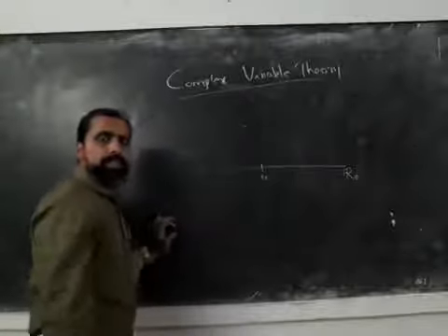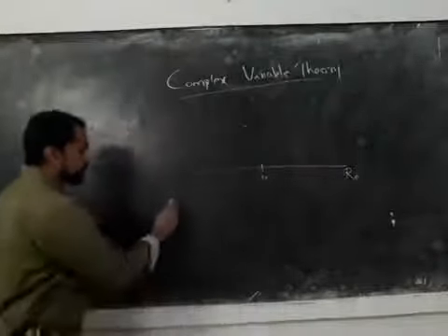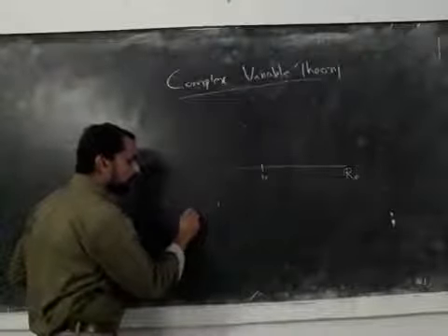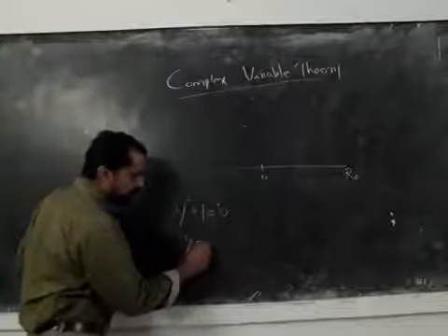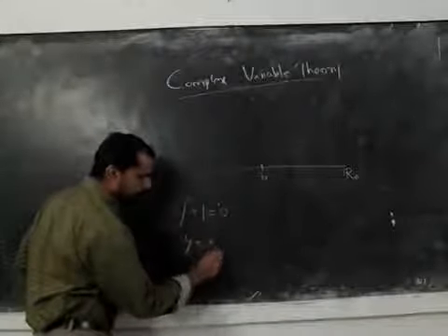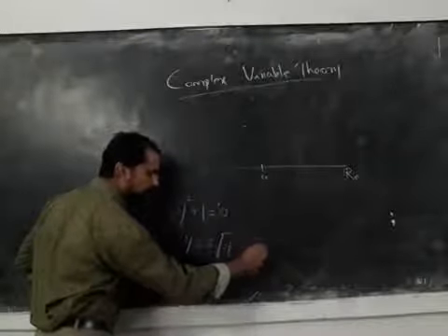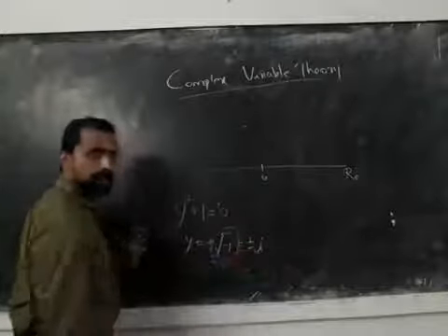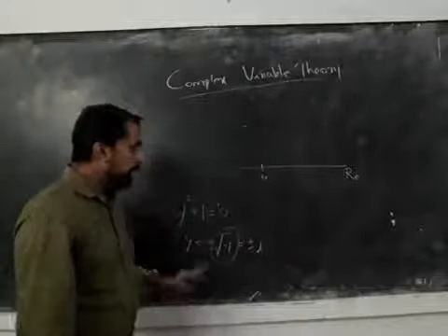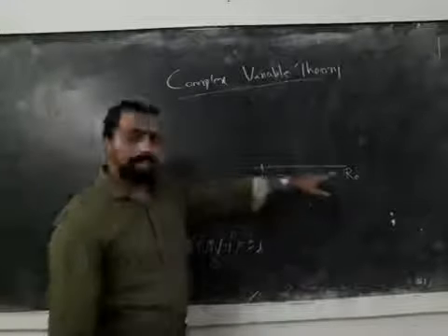And if you have a complex number, we took the example y square plus 1 is equal to 0. The solution is y is equal to plus or minus root minus 1, which is nothing but plus or minus i. By definition, root minus 1 is i, the complex number i. And you cannot represent it on a real axis.